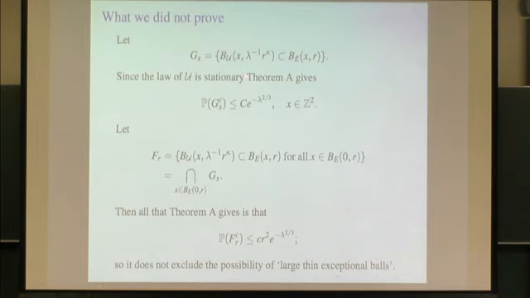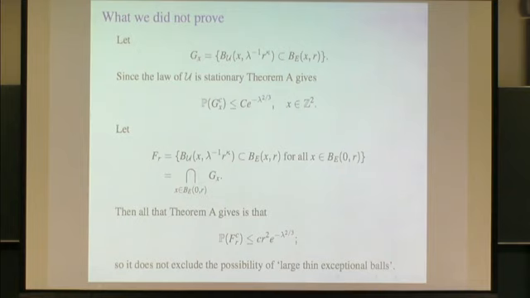Let's write G_x for the event that the intrinsic ball of this radius is contained in the Euclidean ball of radius r. The law of the uniform spanning tree is stationary, and so theorem A gives an exponential type error probability on the probability of the complement of this set.